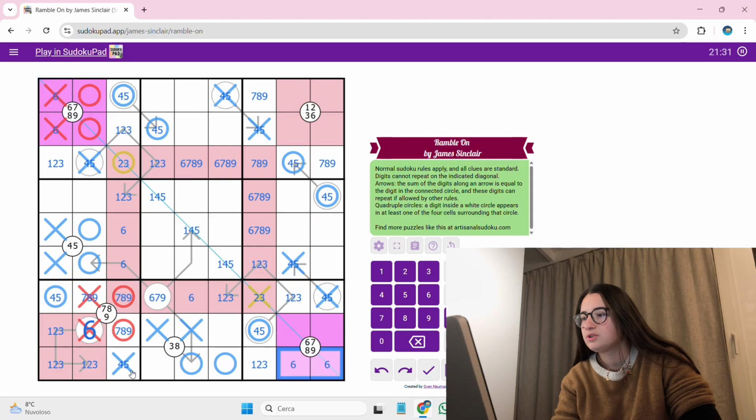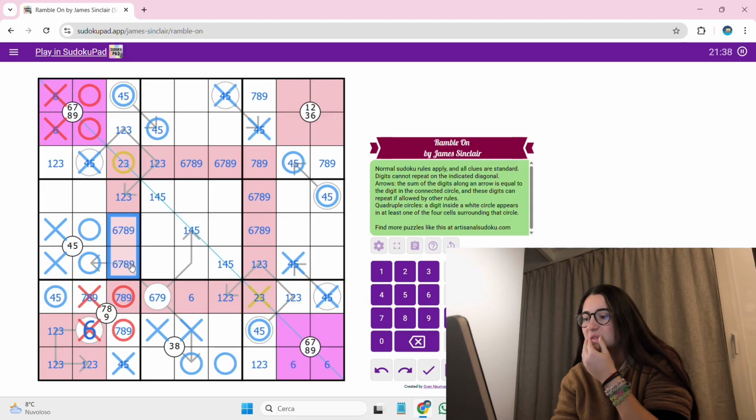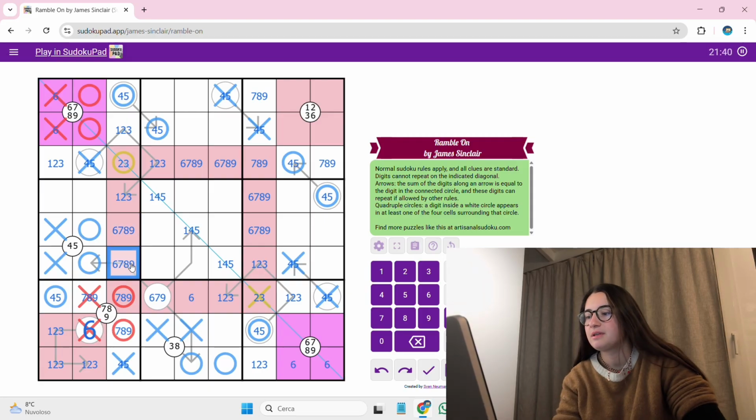So we have 1 2 3 4 5 6 7 8 or 9. 6 7 8 9. The 9 is definitely not here because it couldn't sum up to anything. The 8 being here, we require this to be 1. Can this be 1? Yeah, it could be 1, I think.